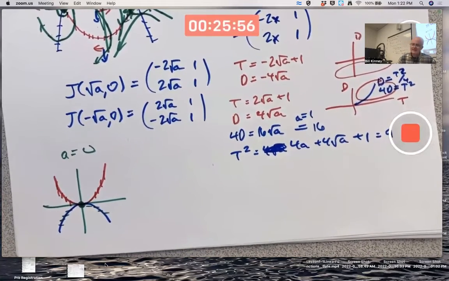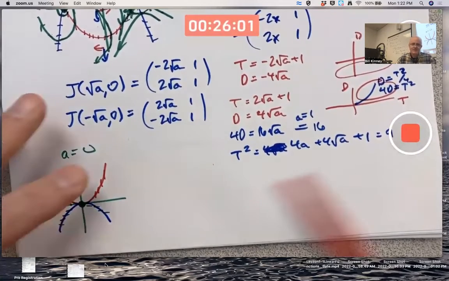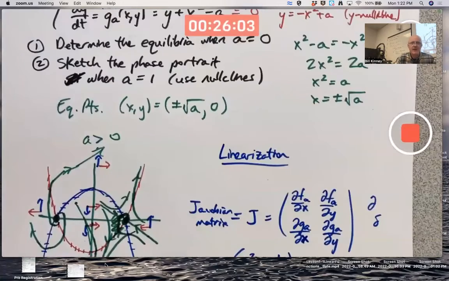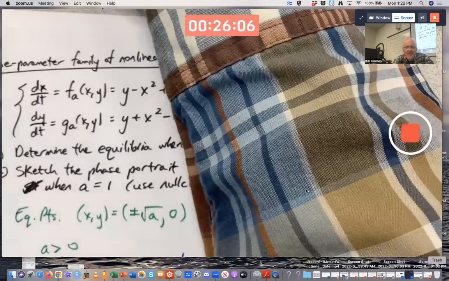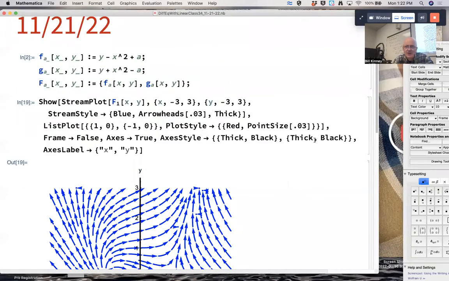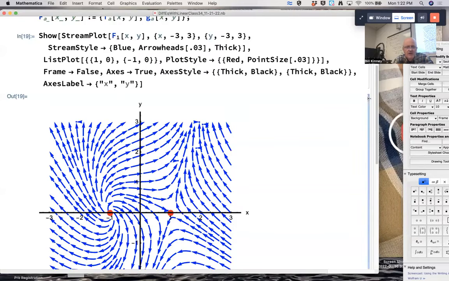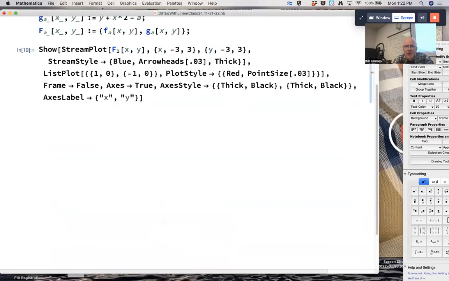Do I want to bother? Let's not bother doing this by hand anymore because I want to do something else. Well, let's quickly look and see what Mathematica produces. So here's Mathematica's stream plot when a is 1. But I want to see what happens as a changes here.